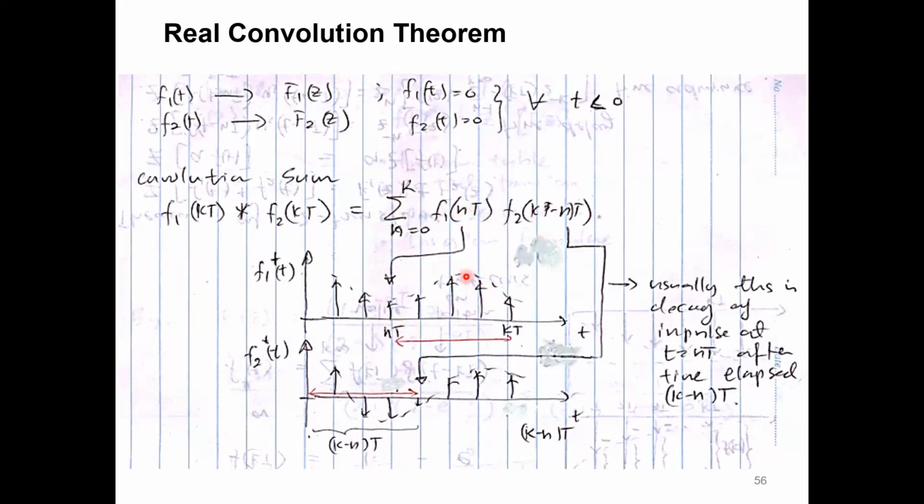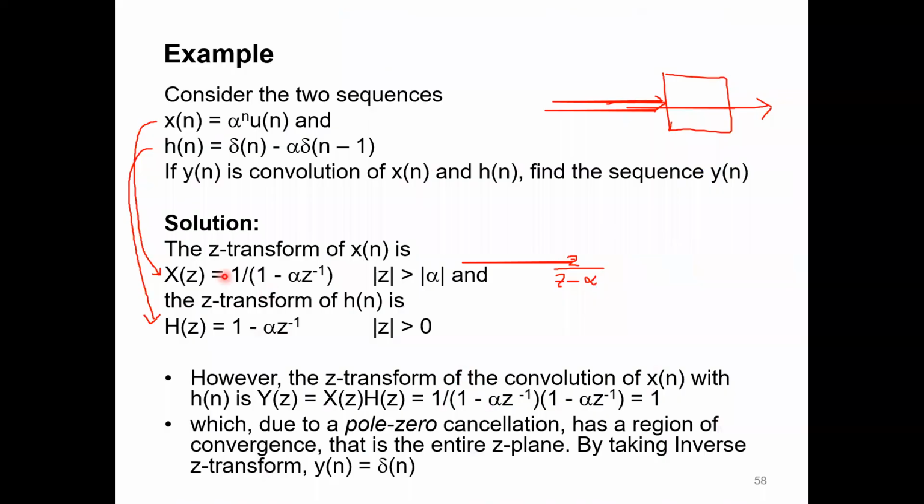It's a complicated mathematical operation. Correspondingly, in the Z world, these two Z transforms, F1 and F2, what will happen to them? They multiply each other. There's no convolution here in the Z domain. It's simple multiplication.